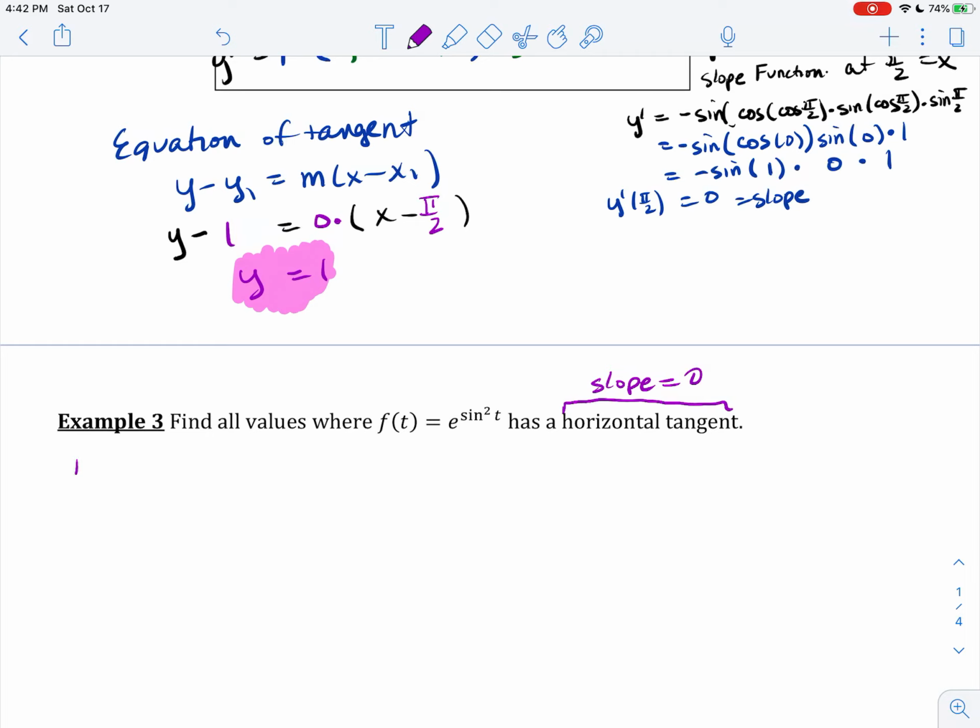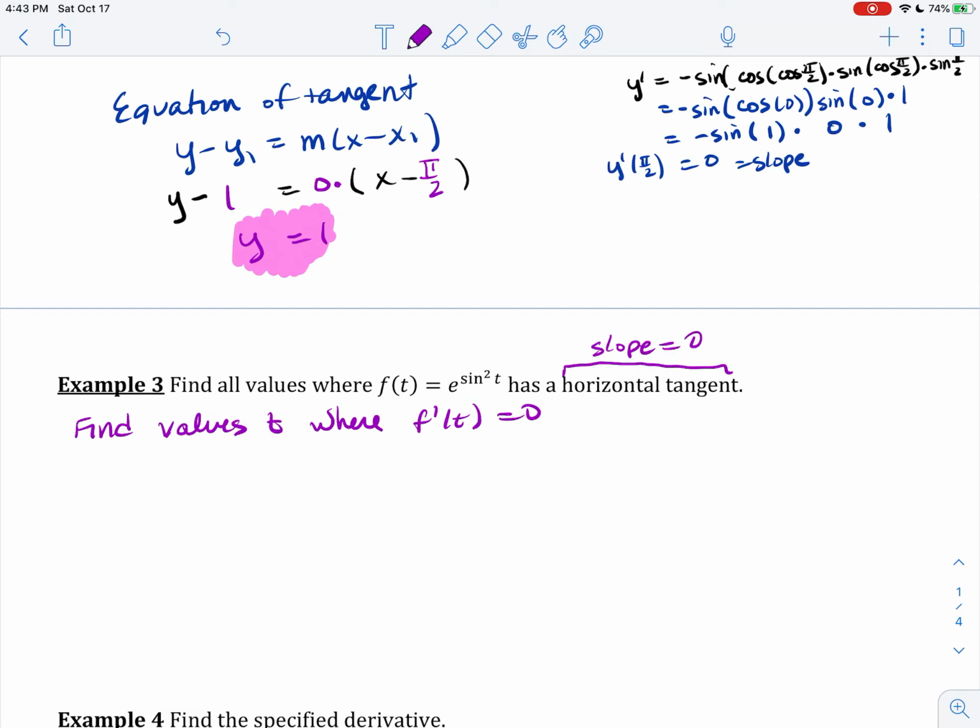So that means we want to find values t where f prime of t is equal to 0. Good?